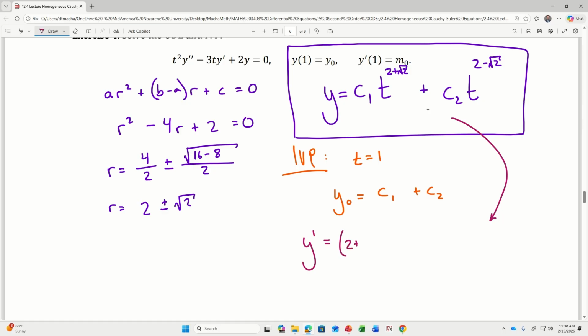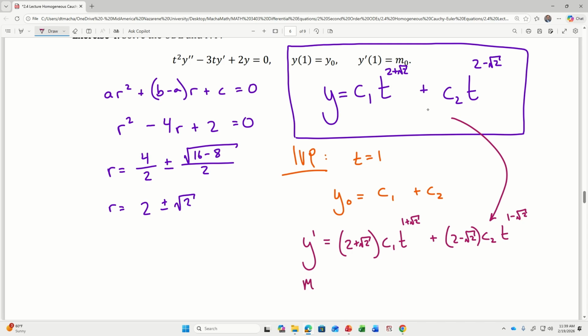two plus square root 2 times c1 times t to the power 1 plus square root 2, plus 2 minus square root of 2 times c2 t to the power 1 minus square root of 2.